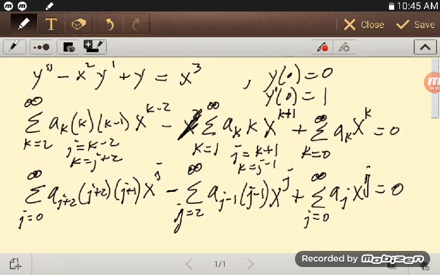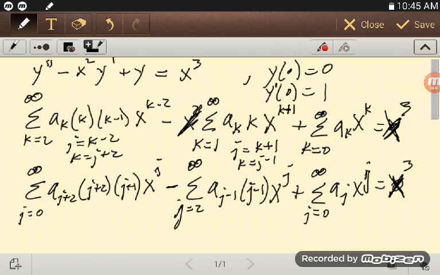Oh wait, equals 0? No, equals x cubed. I'm sorry. Equals x cubed.